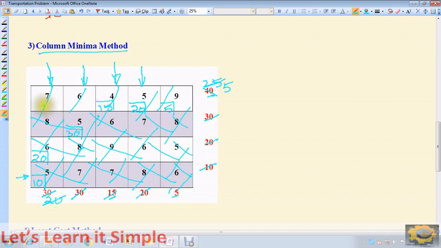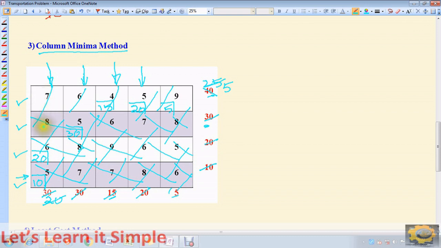Next, we need to verify the row column distribution. That is 15 plus 20, 35 plus 5, 40 originally, yes, done. Second row, 30, yes, 30 was in original. And third row we have 20, yes, done. Now in the fourth row we have 10, yes, it is done.